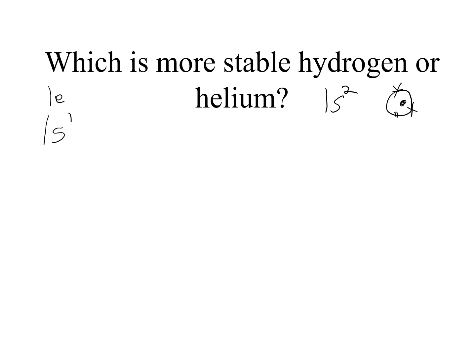And in hydrogen, if I draw my atom, my energy level 1 would have just 1 electron. So we want to have our outermost shell of electrons completely full. So we would predict that helium would be more stable because it has the outermost shell full of electrons.